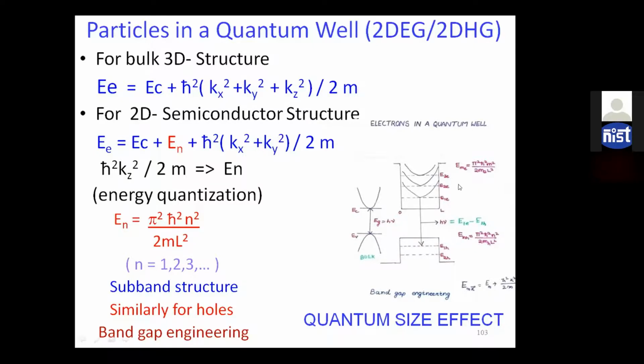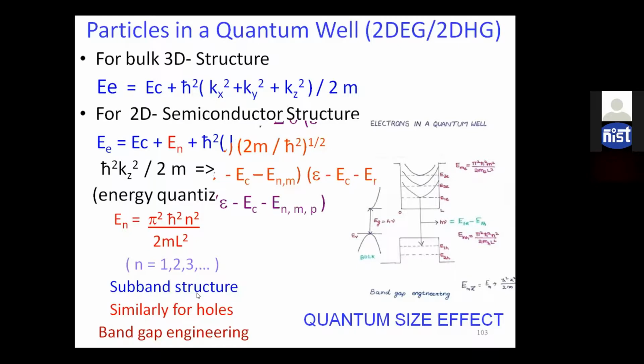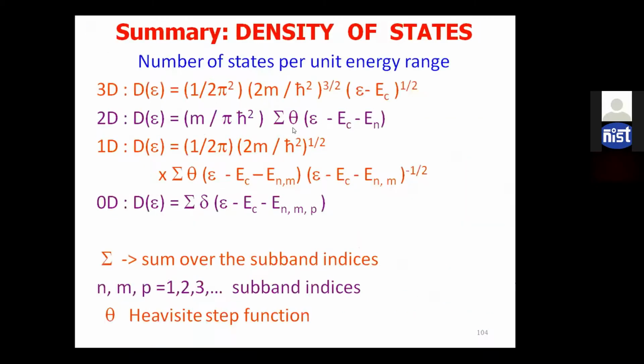It gives you the subband structures, and the same thing is applicable for wires. So to recap, for three-dimensional, the density of states is proportional to (E minus E_C) to the power half.